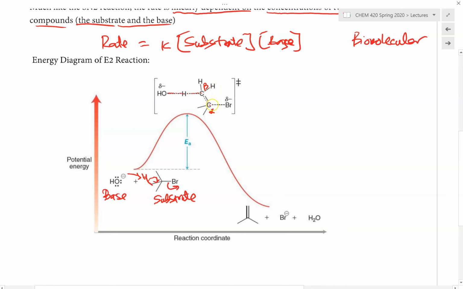And finally, the bond between this alpha carbon and the leaving group is breaking. That is something we will see in the transition state. Now, please note that this reaction happens in one step, so there's no intermediate being formed, but only the transition state.